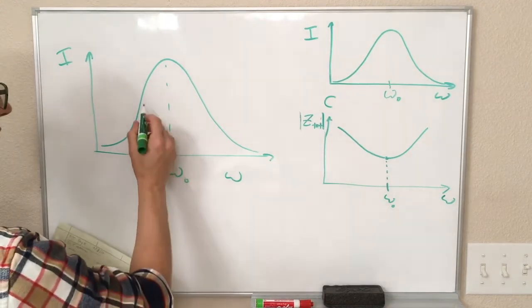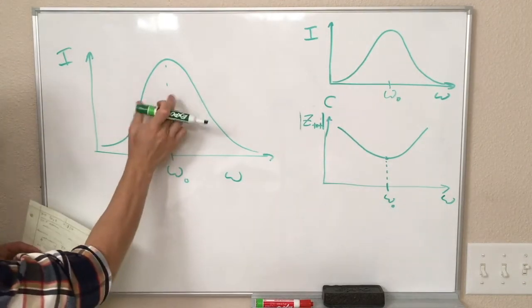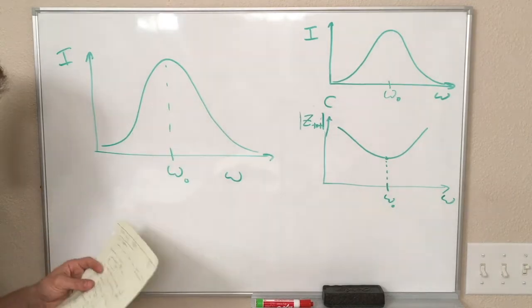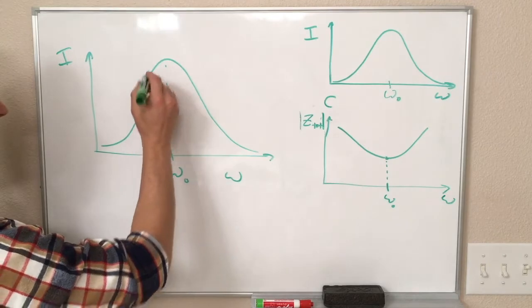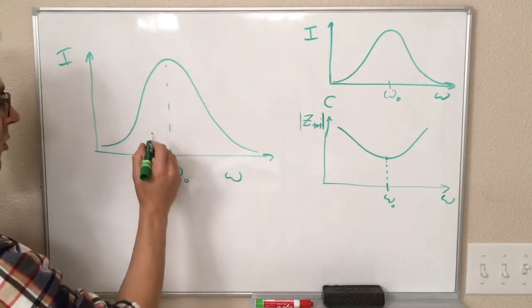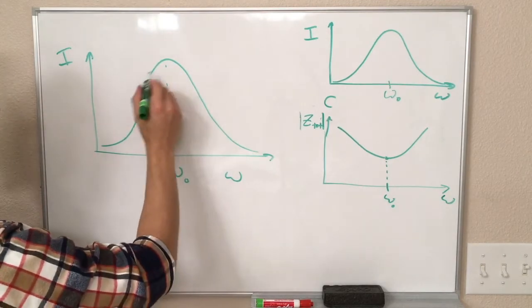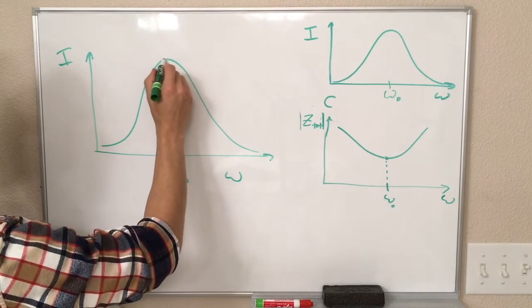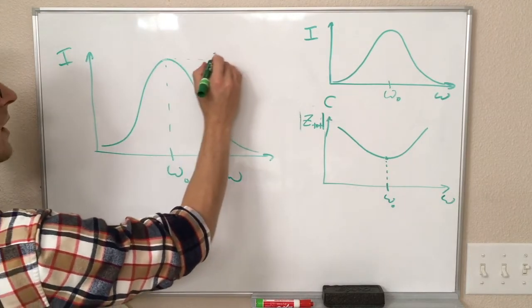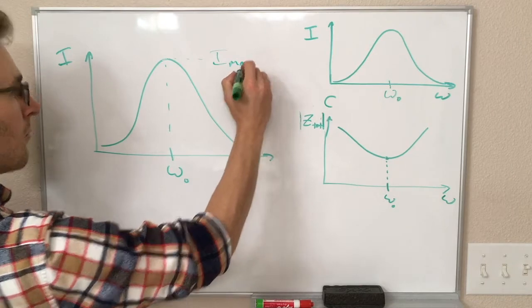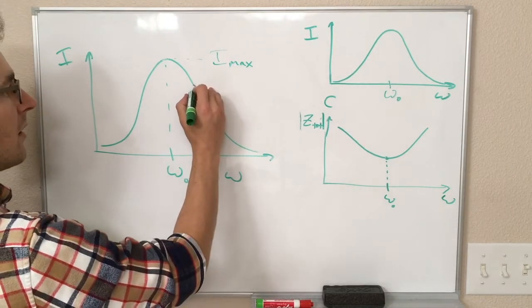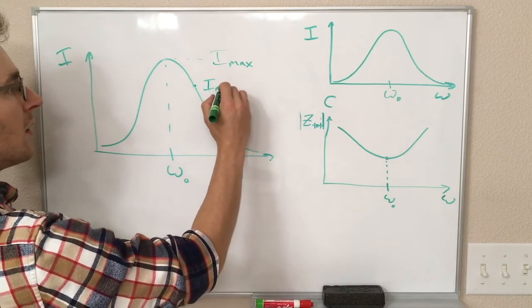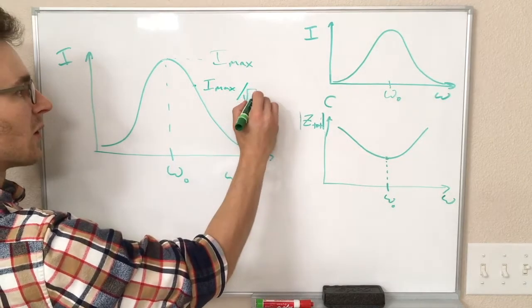We also have, this peak has some width, right? There's some width to this that it turns out is important. This is called the bandwidth, and the way we're going to define it is like this. If this is our max current, this value is I max, there is some point down here somewhere that is equal to I max over the square root of 2.